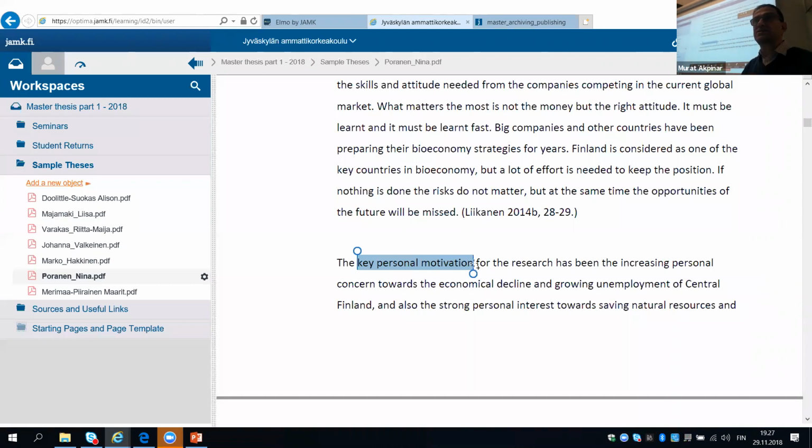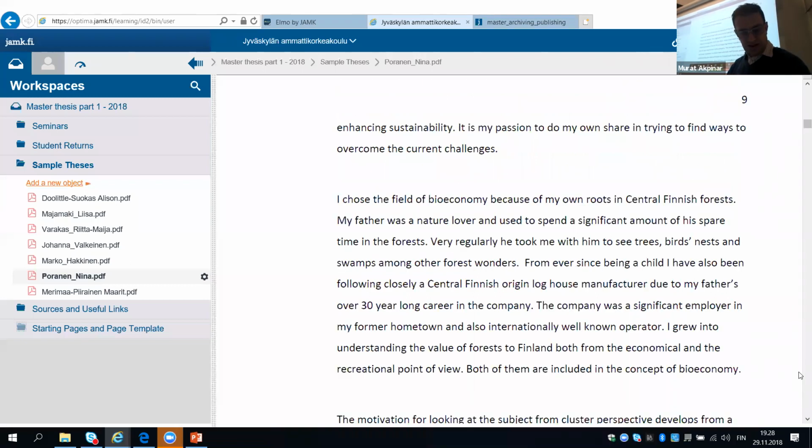When she did this thesis, she was not employed at the bioeconomy cluster. So this was not done for her company, but she has the personal motivation. So what is it that interested you to do this thesis? So Yao Ming, why is this relevant for you? Something to think about. You'll solve your company's problem, probably, hopefully. But why is this also important for you? That is something to think about.